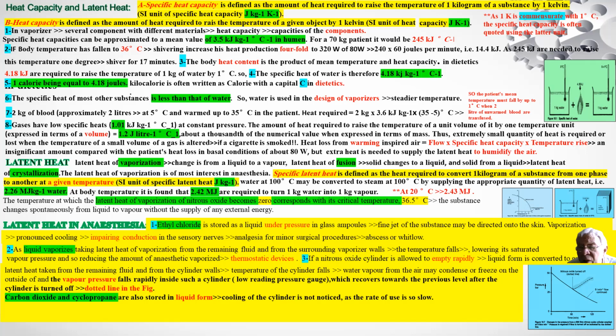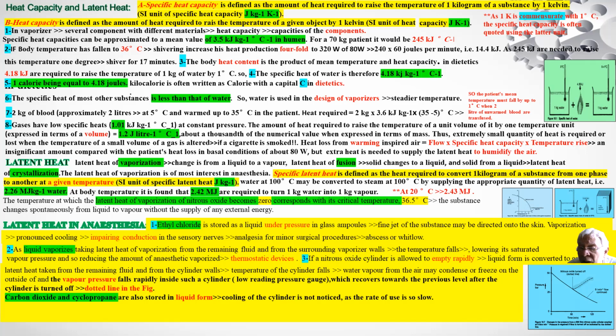Of course, liquid vaporizers, whenever they vaporize, lose heat from the surroundings and from the liquid, needing more heat. So most vaporizers have thermostatic devices to compensate. Of course, this is a nice thing.